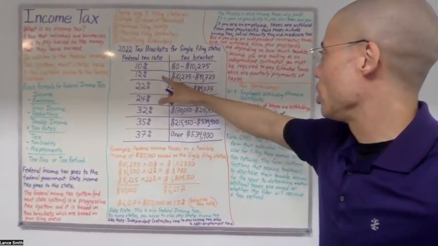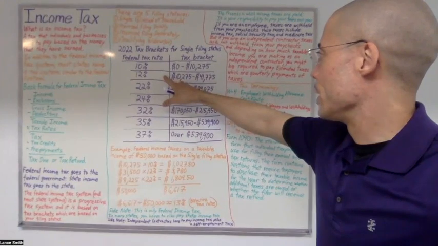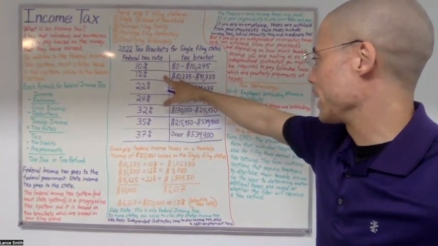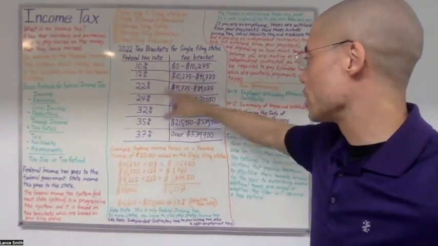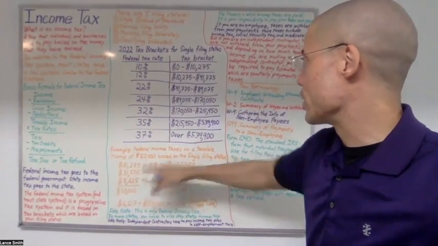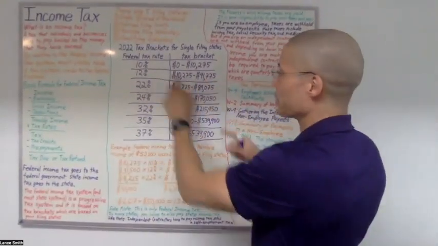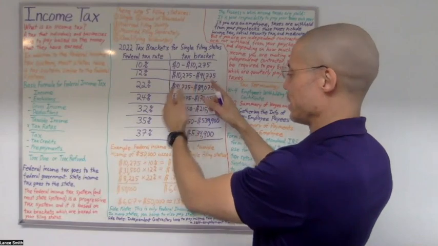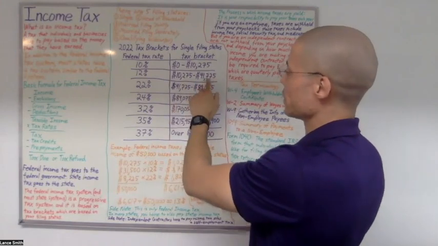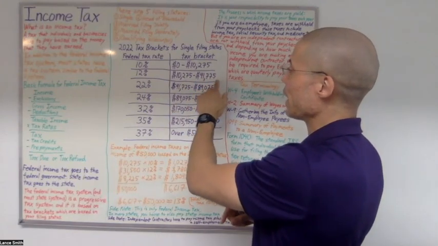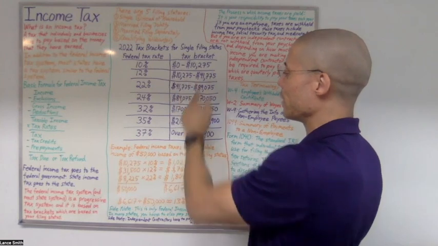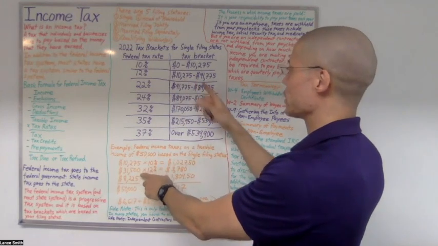But now, what's left over? Well, it also hits this tax bracket, and the whole 31,500, because this 12% tax bracket is a total of 31,500. If you take 41,775 minus 10,275, you get 31,500.